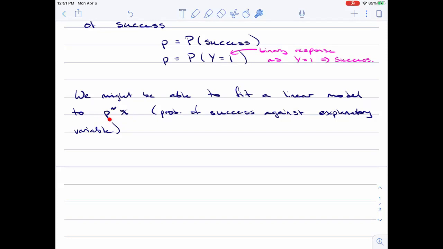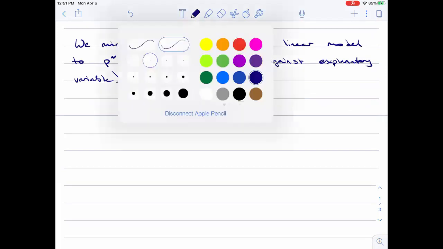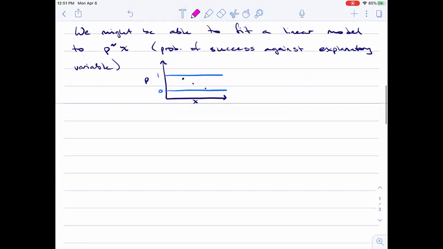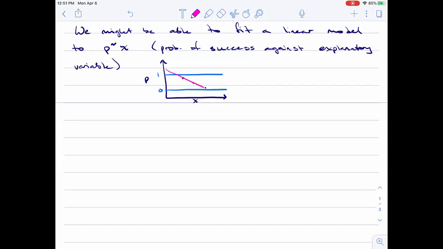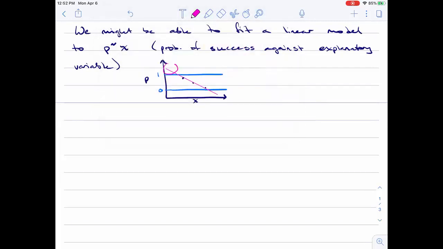And so even if we're able to fit this, so we've got P here, X here, even if we've got these points and we've got this straight line, here we've got P of 1, here we've got P of 0, the problem with fitting a straight line to this thing is that the line keeps going and going and going. And so here what we're finding is that it'll give us probabilities that can't happen.